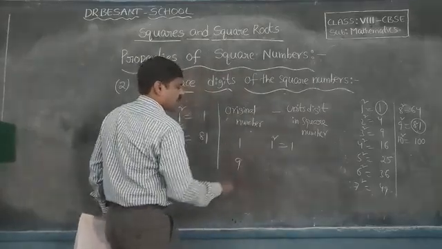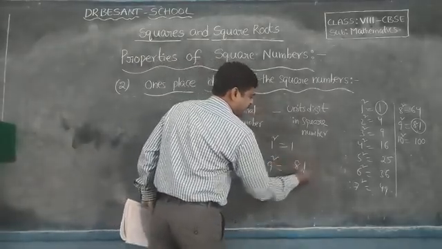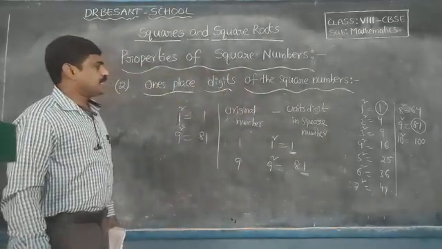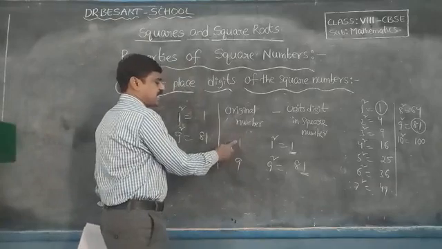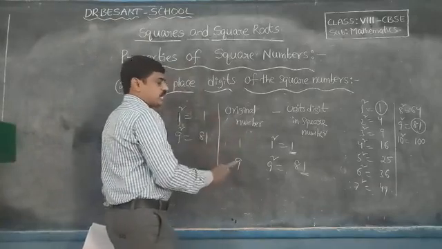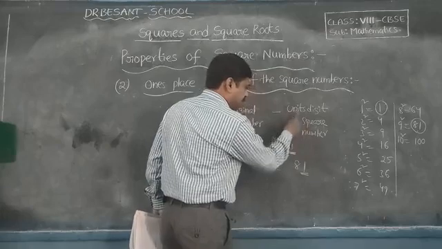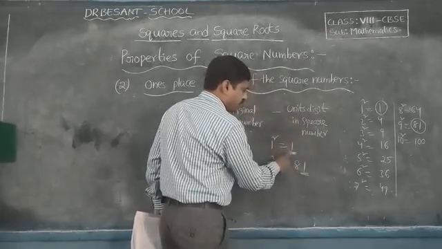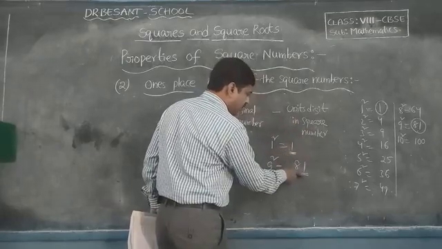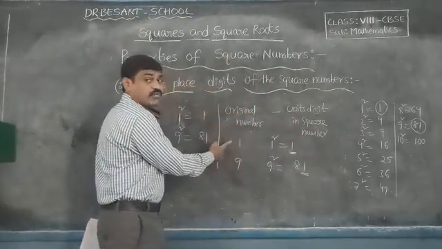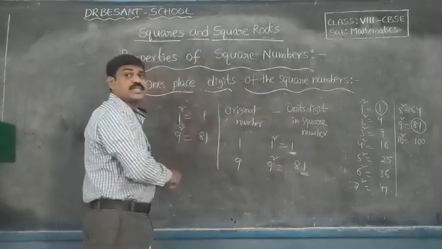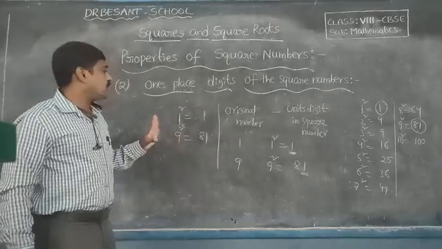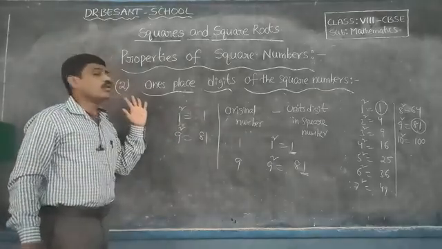Next, original number 9, square 81, so the digit is 1. Then the original number is either 1 or 9. So if in a square number the units digit is 1, then the original number is either 1 or 9. Observe here. Okay, so this is the second rule.